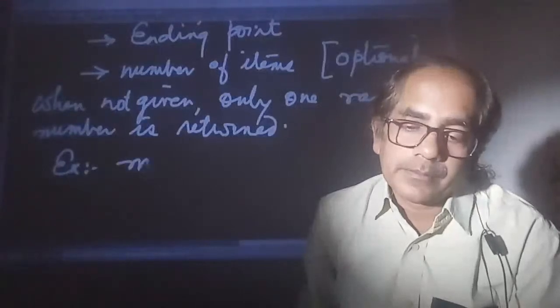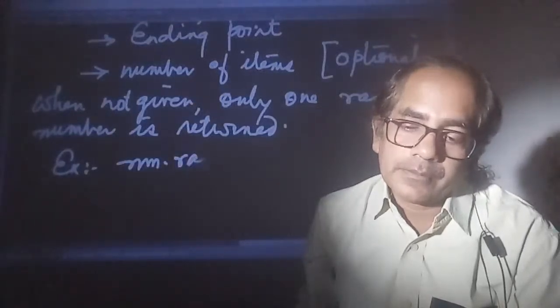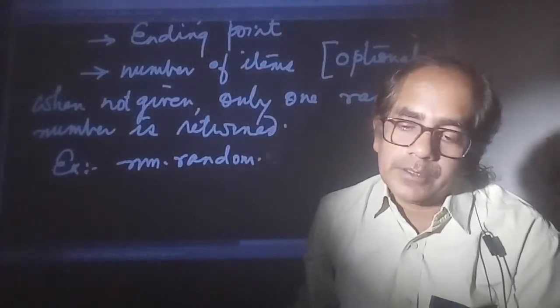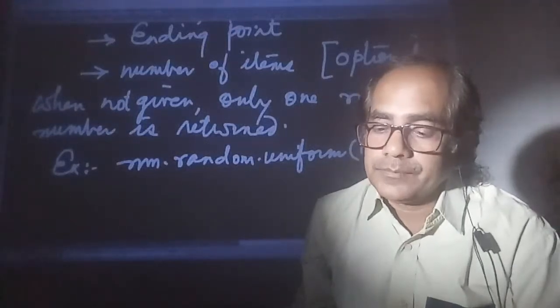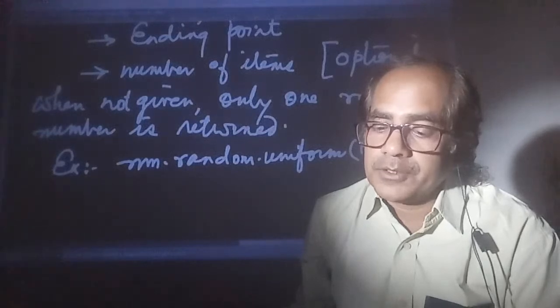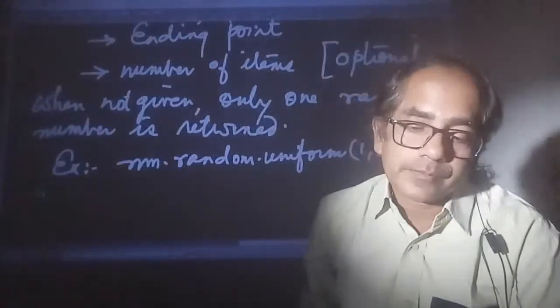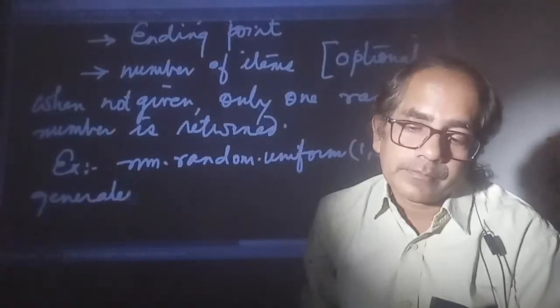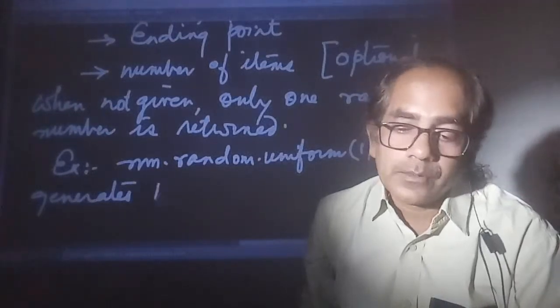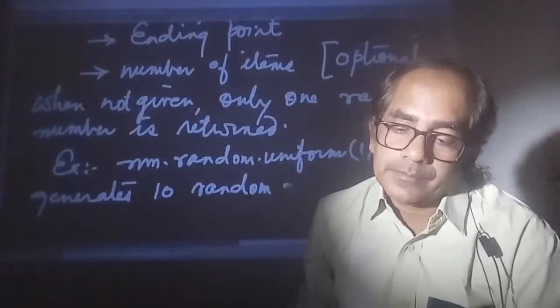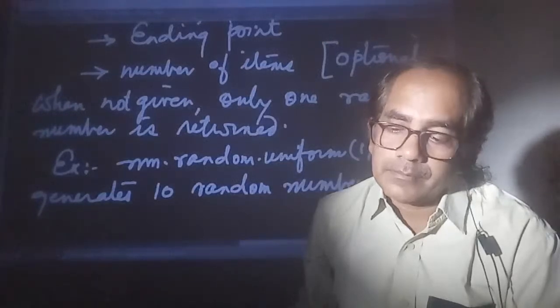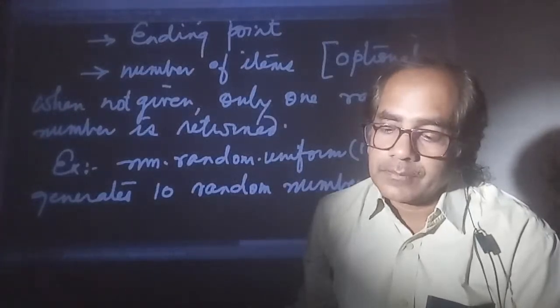Example, np.random.uniform 1, 50.2, 10 generates 10 random numbers. Float64 is the data type.